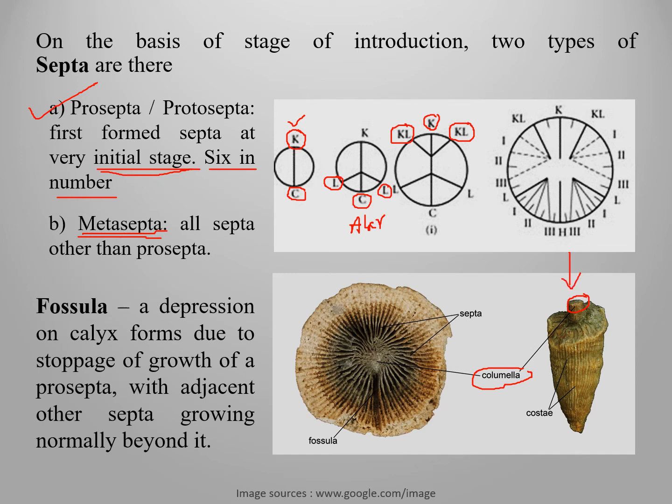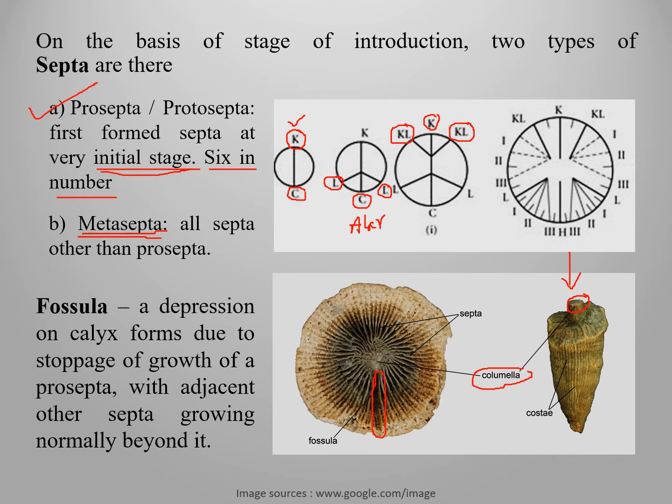Here you can see this one, whose growth rate suddenly ceased or became lower. So there forms a depression, and that depression is known as fossula.